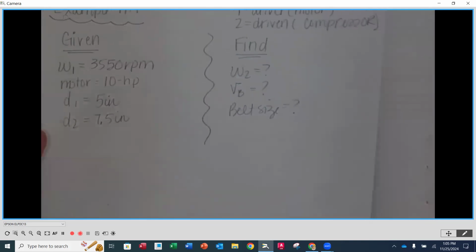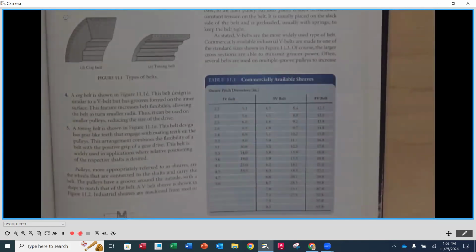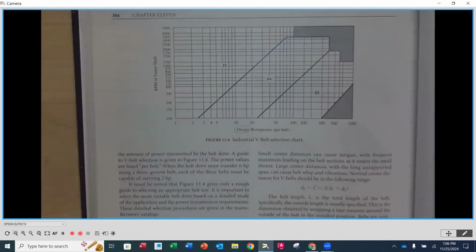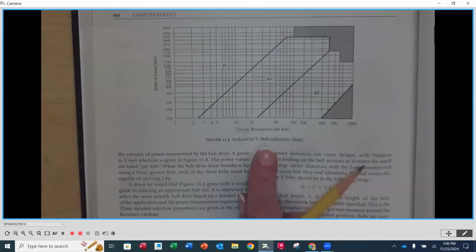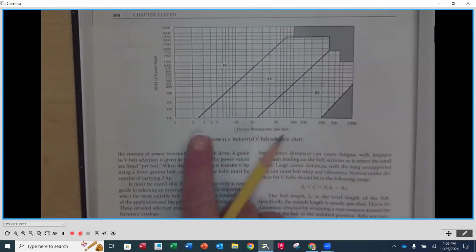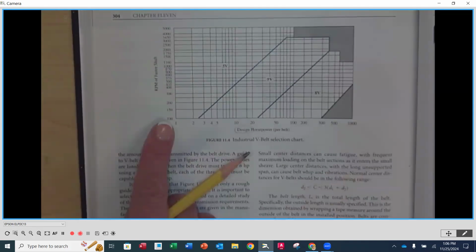So we're going to go back to figure 11.4. And this is going to be our industrial V-belt selection chart. And we're going to use the horsepower given in our problem. And we're going to find where it matches with the RPM of the faster shaft.